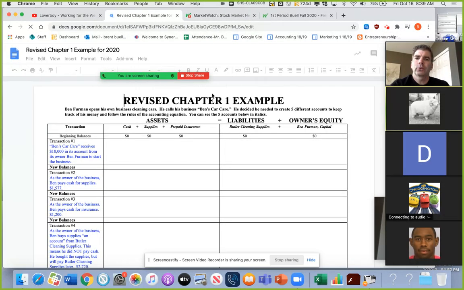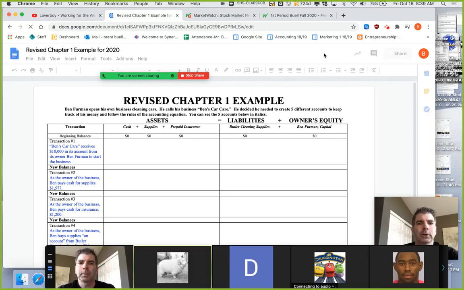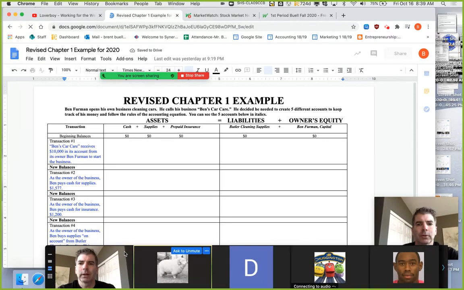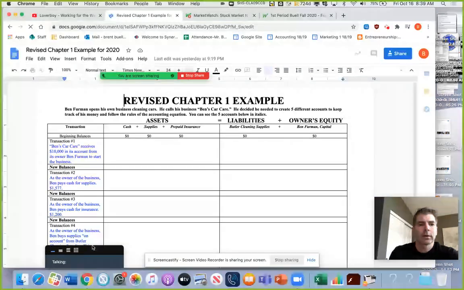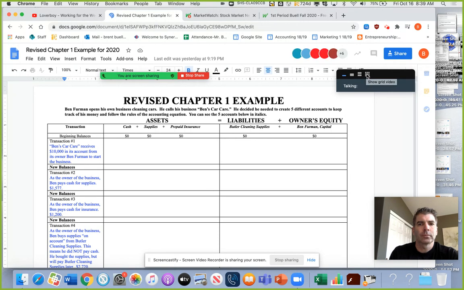Okay, so it should look like this. Revise Chapter 1 example. And I'm going to make sure that you guys can get on there when I start seeing your icons pop up here. Make sure you can see that. There we go. Okay. So you guys can see that one.